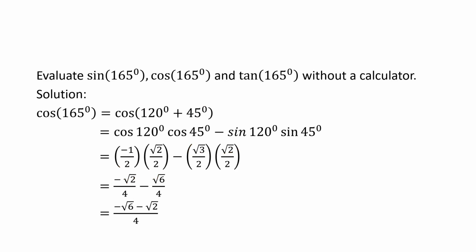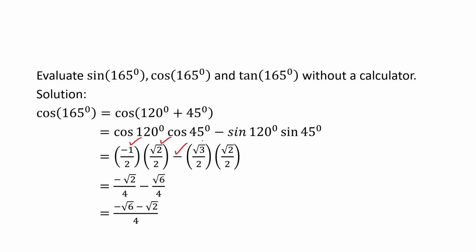Well, what's the cos of 165 degrees? Again, this is going to be cos of 120, cos of 45 minus sine of 120, sine of 45. The cos of 120 degrees is negative 1 over 2, and the cos of 45 degrees is root 2 over 2, and then we're going to be subtracting.